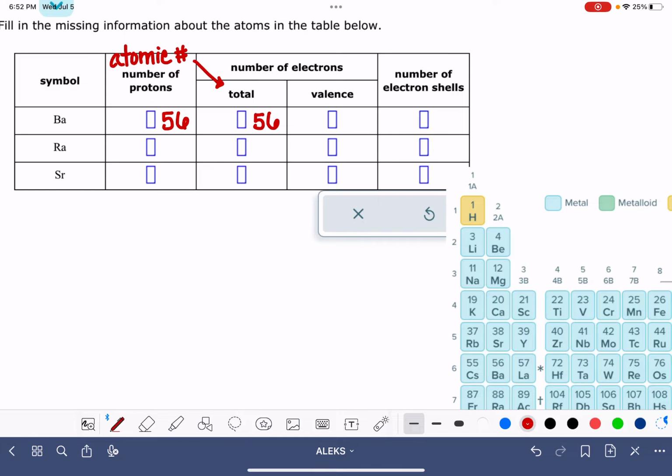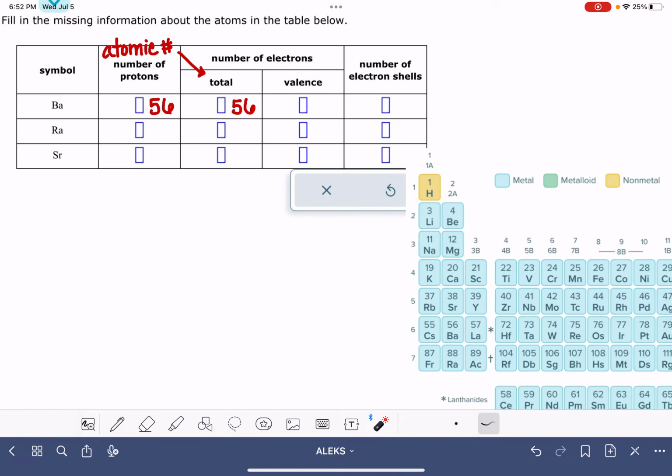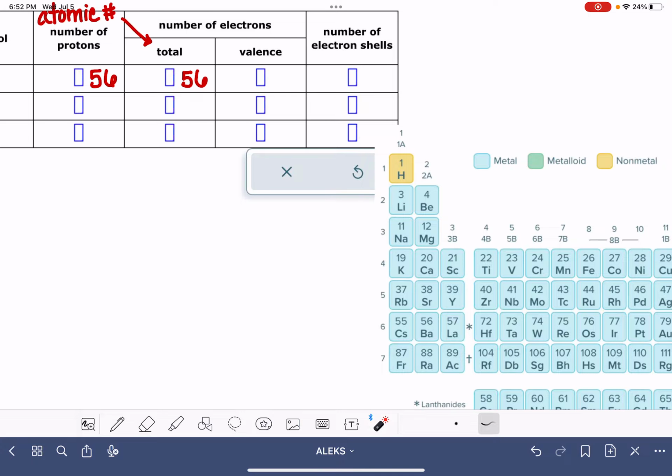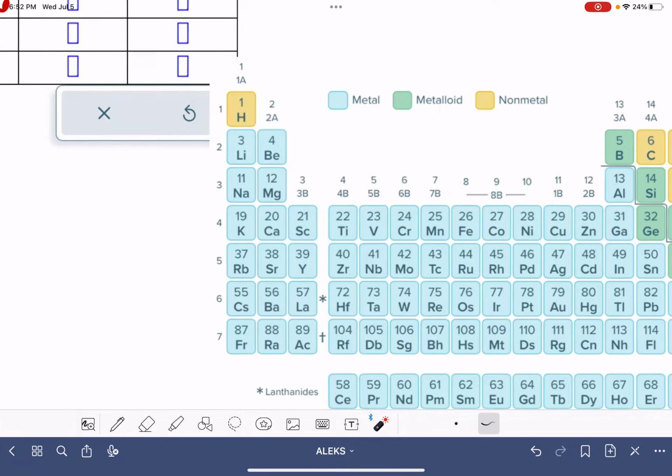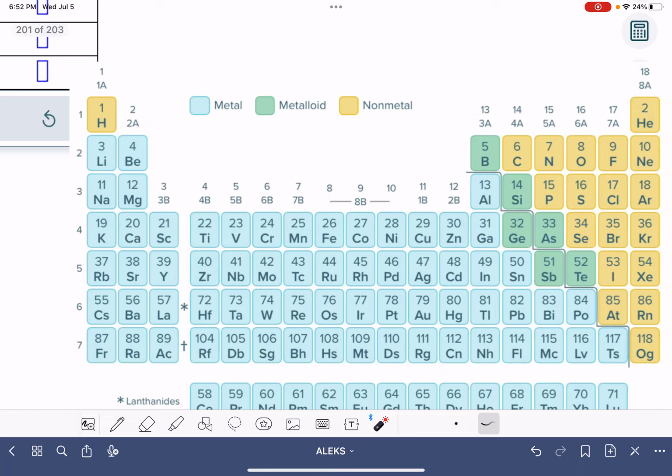Nice. Now, for the number of valence electrons, the valence electrons are the electrons that are on the outer surface of the atom, and that is typically a number less than the total for most atoms. The number of valence electrons is also given to us on the periodic table in the titles of the columns, the titles that have the A in the notation.